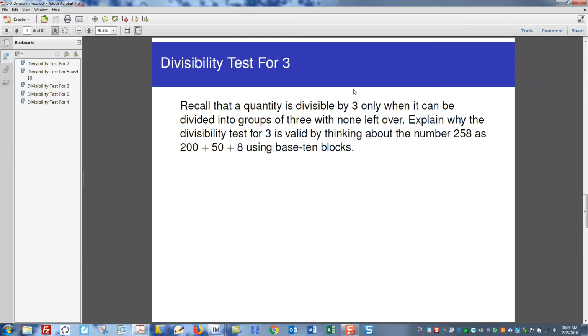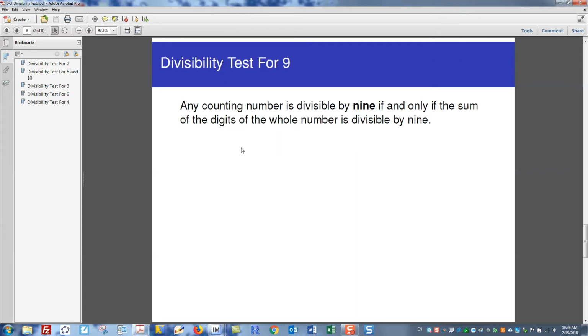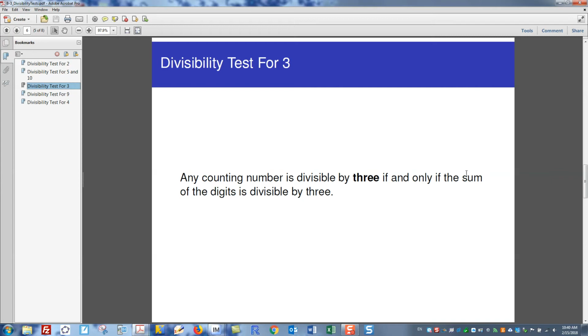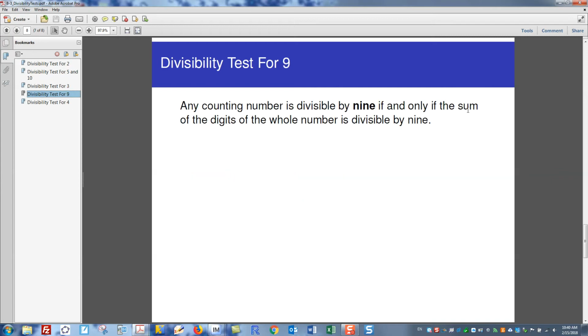Okay, let's move on and talk a little bit about the divisibility test for 9. Any counting number is divisible by 9 if and only if the sum of the digits of the whole number is divisible by 9. So this should look really similar to the divisibility test for 3 to you. Here it's if and only if the sum is divisible by 3. Here it is if and only if the sum of the digits is divisible by 9.